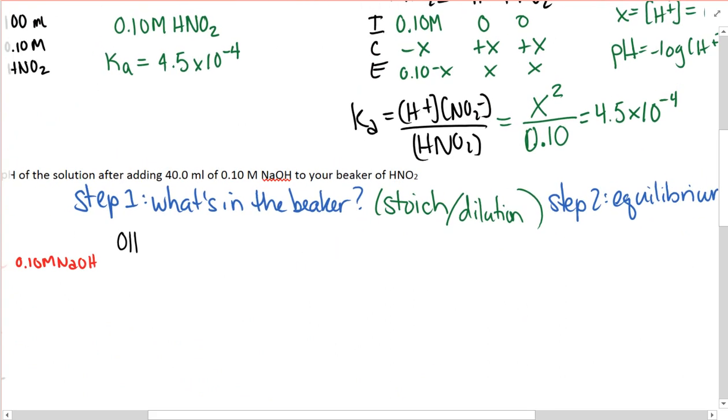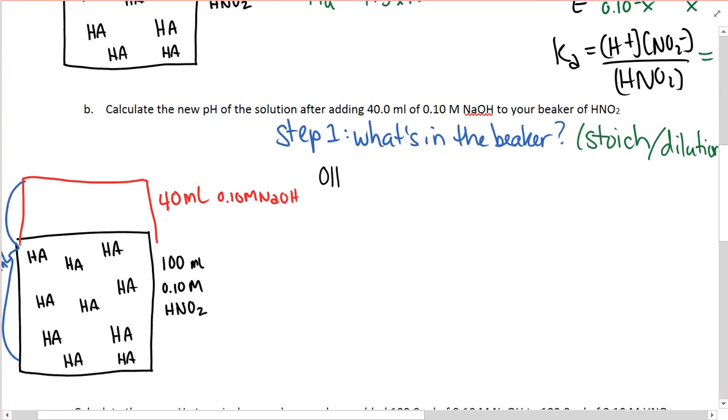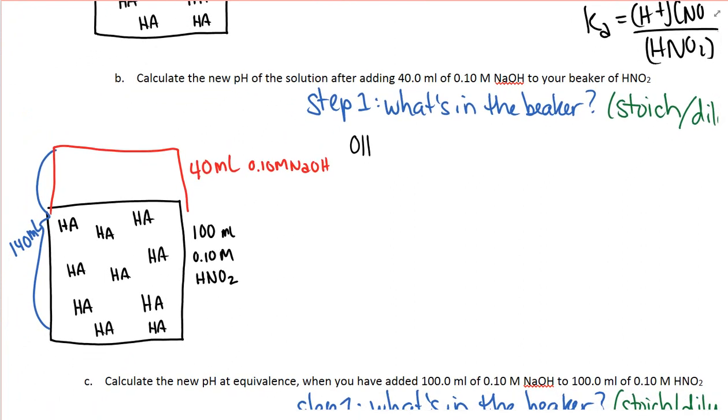This is where you've added some sodium hydroxide to my weak acid. So step 1, like we mentioned before, is to figure out what is in my beaker. So I no longer have pure weak acid. Now I have added some base to it. Specifically, I've added 40 mL of 0.1 molar NaOH.